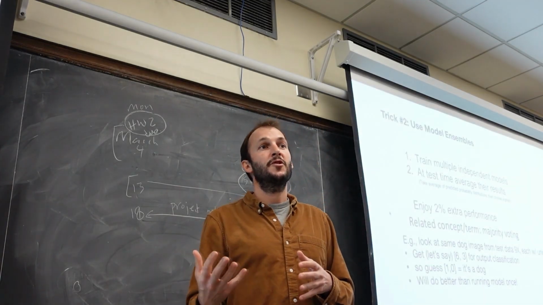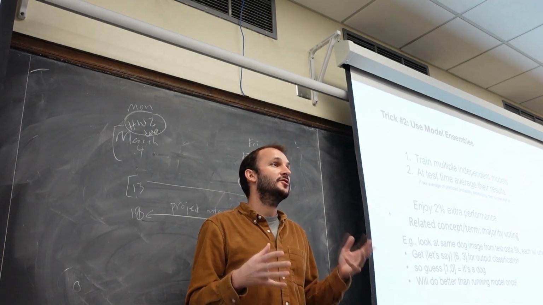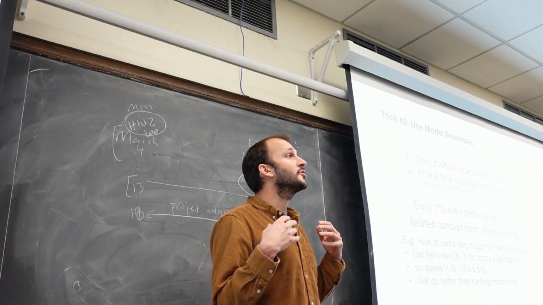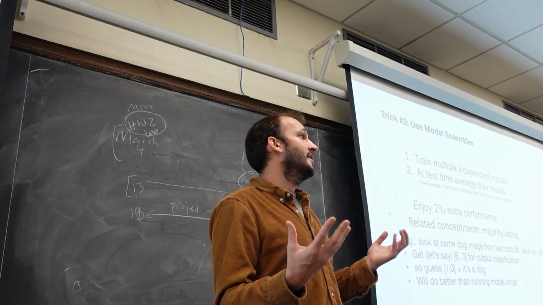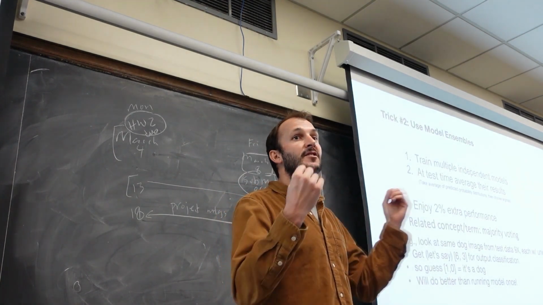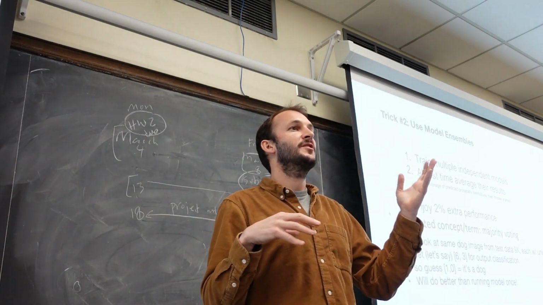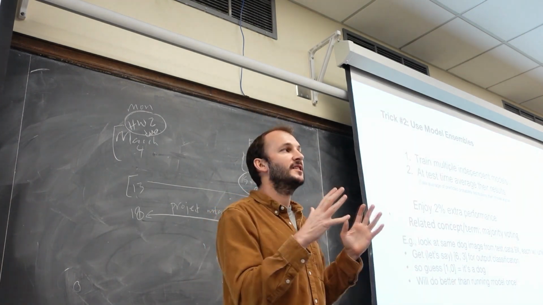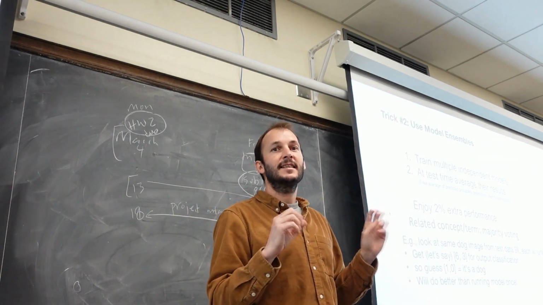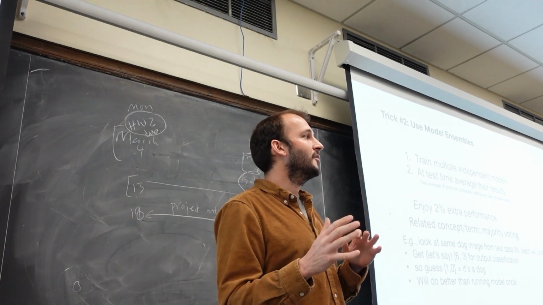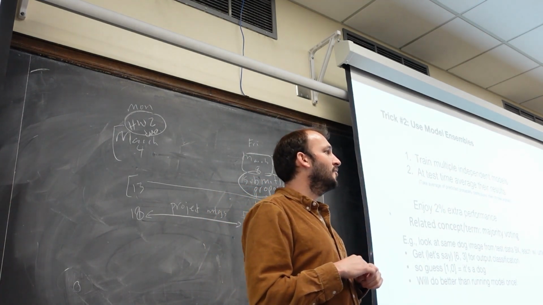Then what you do when you want to test your data is you don't just use one of those models, you use all 100 of them. You pass your test data through each of those models. Each one, let's say for one particular image of dog, like dog image N. Let's say 60 of them say it's a dog and 40 of them say a cat. You use a vote.